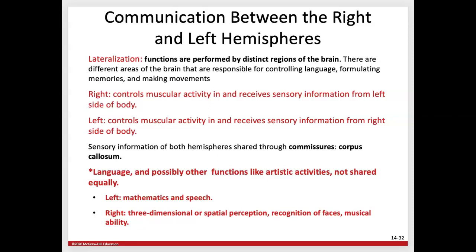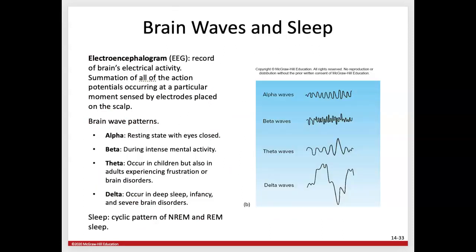All right. So, brain waves in sleep. I just included this because it's got some really cool information in it. The electroencephalogram, the EEG, is a record of the brain's activity. It's a summation of all the action potentials occurring at a particular moment, sensed by electrodes placed on the scalp.